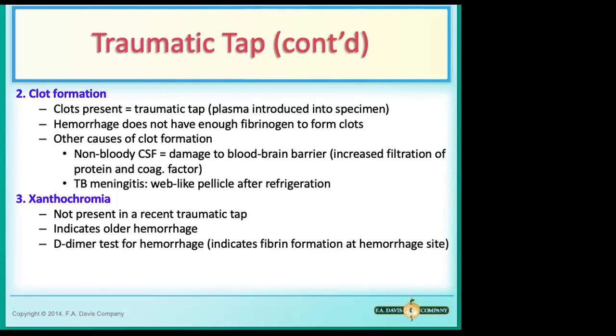You could also do a D-dimer test for hemorrhages because that indicates fibrin formation at the hemorrhagic site. That can be helpful to determine the difference. So those are the 3 things you can do to determine if this red, bloody CSF is coming from true bleeding or from a traumatic tap.